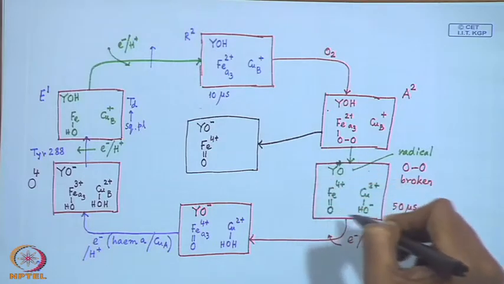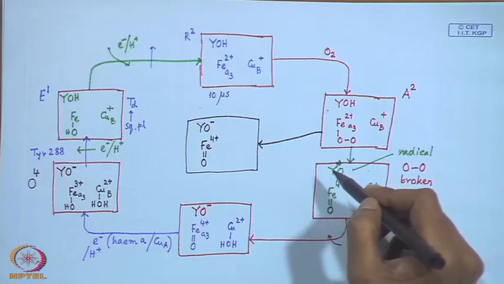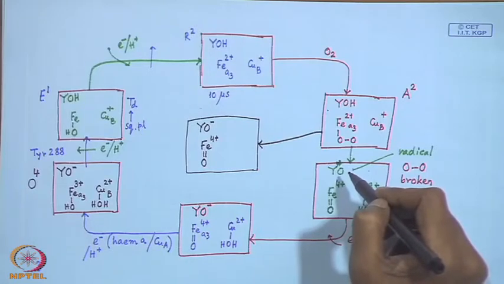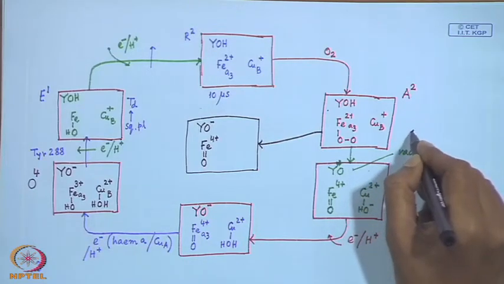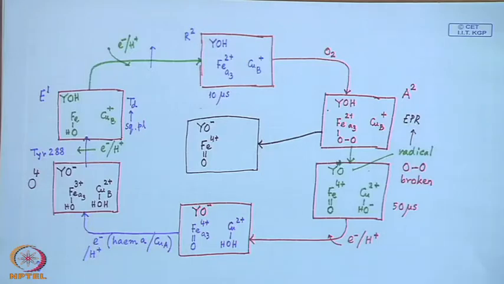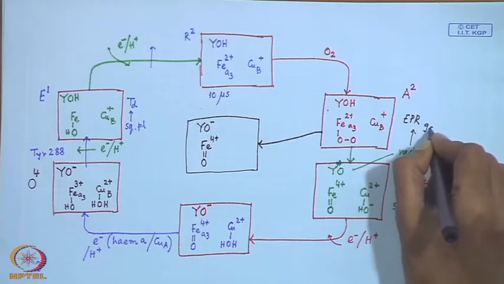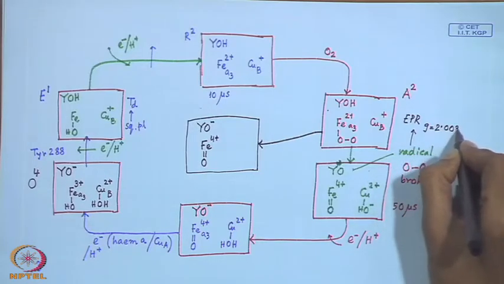If we do not go for the radical intermediate, because in some of these species we are unable to identify the corresponding radical formation. We all know the radical can be very easily identified by EPR spectral characterization. It has a very standard g value at 2.0037.